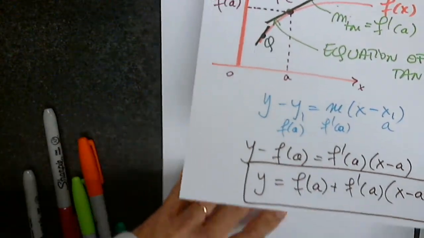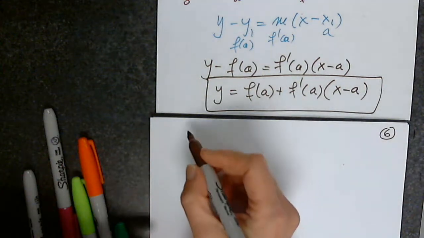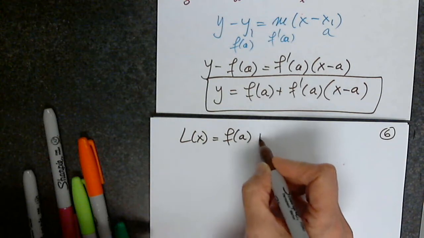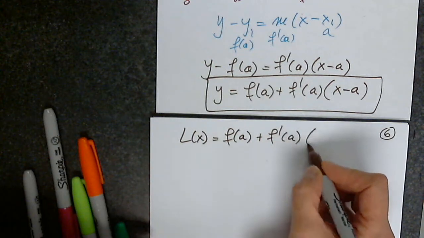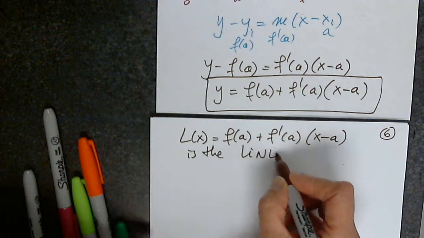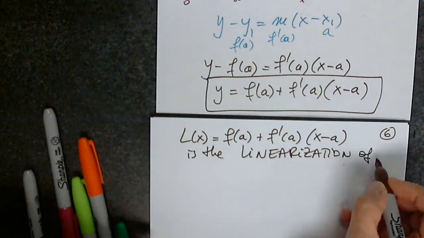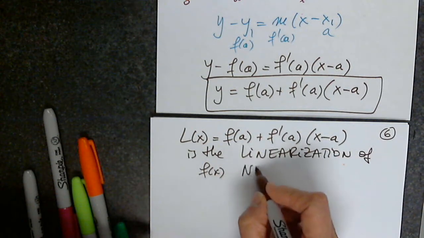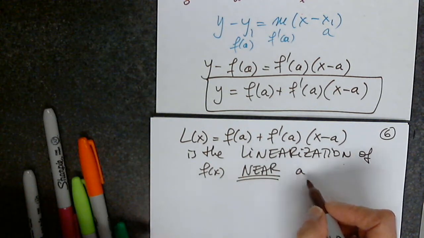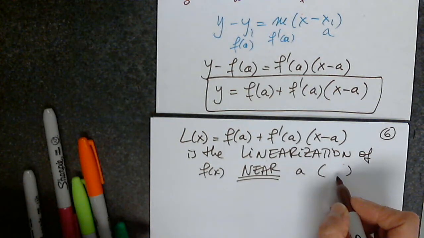So that's the reason why we say that L of x equals f of a plus f prime of a times x minus a is the linearization of f of x near, this is a key word, near a. In other words, in a small open interval around a.